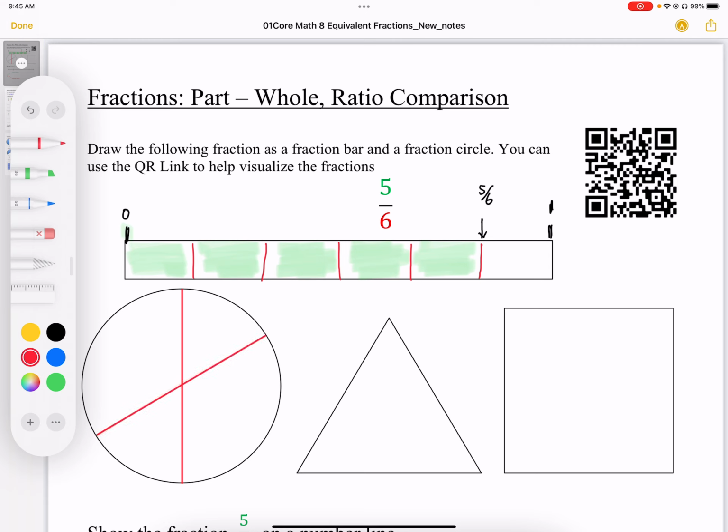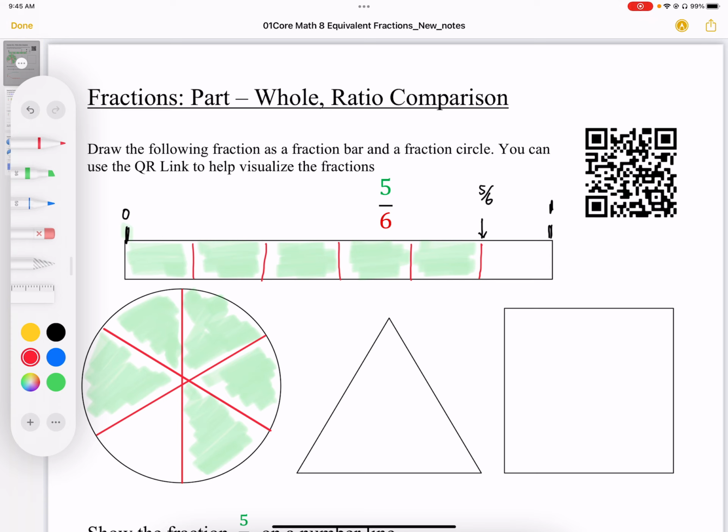So each of those pie pieces looks like about 1/3 of the half. So now I have 6 parts that make up my whole, and then I'm going to shade in the 5 parts that make up my numerator, or my part of the part-whole relationship. So there are 5 parts shaded out of 6.